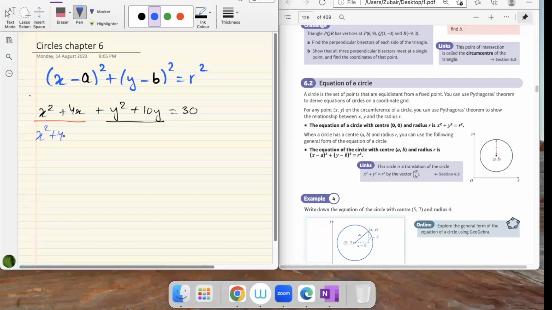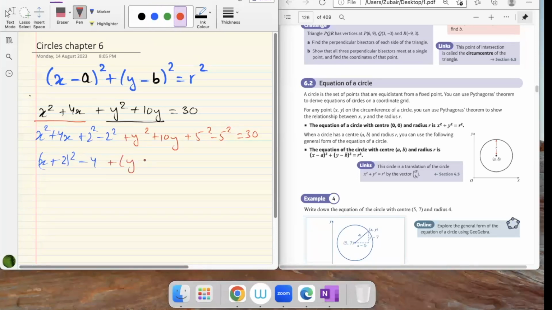So x square plus 4x plus 2 square minus 2 square. And the other section is y square plus 10y plus 5 square minus 5 square equals 30. So x copied, positive sign copied, 2 copied, whole square minus 4.